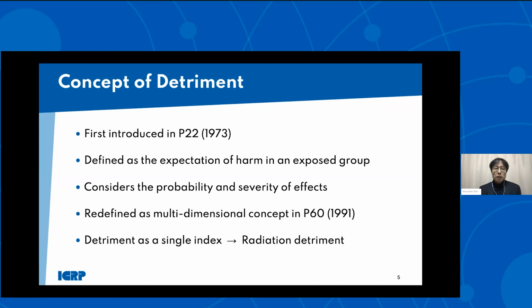But they represent just partial aspects of detriment, and detriment itself is an abstract concept. But still, aggregate detriment as a single index is used, especially for the purpose of determining the values of tissue weighting factors. And this detriment as a single index is specifically called radiation detriment.